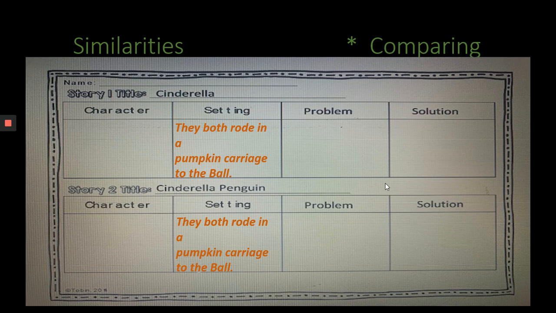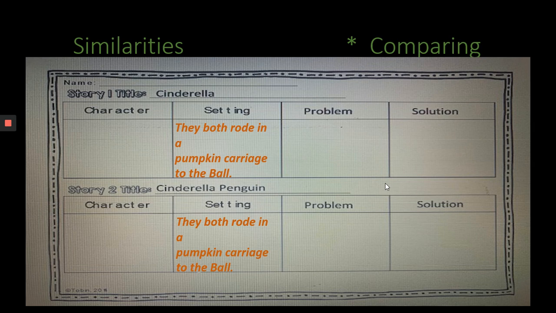I have right here, they both rode in a carriage, a pumpkin carriage, to the ball. Boys and girls, there are so many other similarities that you can use this one, but I also want you to think about 2 or 3 more that you can look at and write down, because I know that you can do that. Please do not copy the one that is on my graphic organizer.